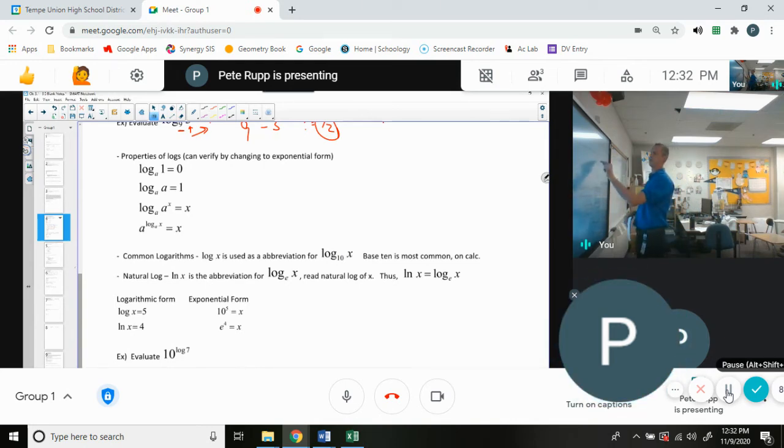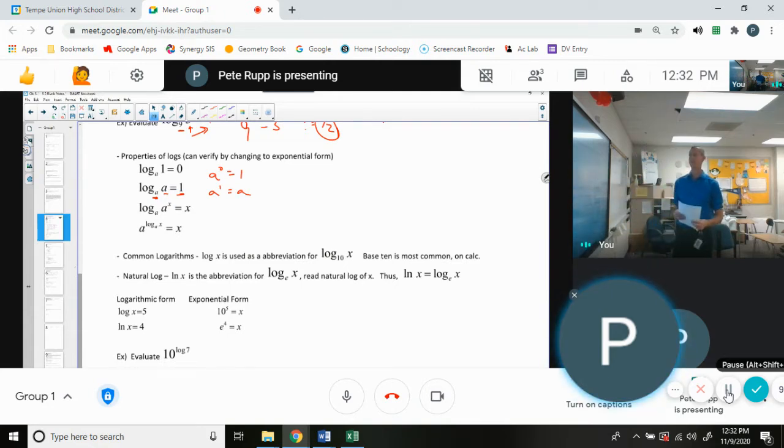So for example, if I wanted to change this one from logarithmic to exponential, it'd be a to the 0 equals 1. So hopefully that makes sense. Anything raised to the 0 power equals 1. If I change this one, it'd be a to the 1 equals a. Okay, so they're helpful. Again, they shorten up some things, but hopefully you can make sense of the problem even not knowing these by heart.